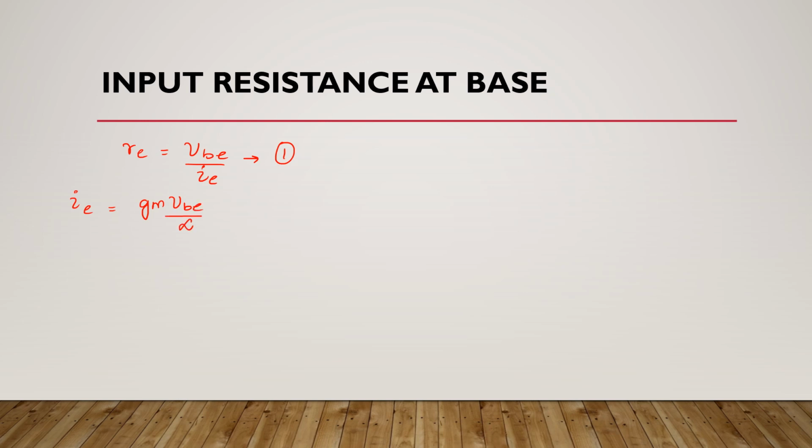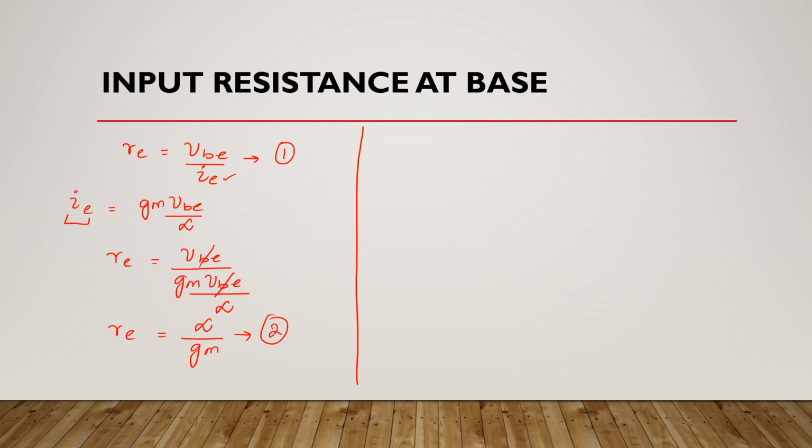Now, if we put this value of small signal emitter current in this equation, we get re is equal to vbe divided by gm vbe divided by alpha. Now this vbe is going to cancel this vbe. It means this resistance is equal to alpha divided by gm. Now this is equation number 2, and according to this equation, this resistance is directly proportional to alpha. It means it is dependent on this quantity alpha.